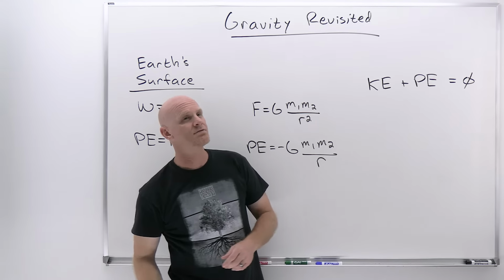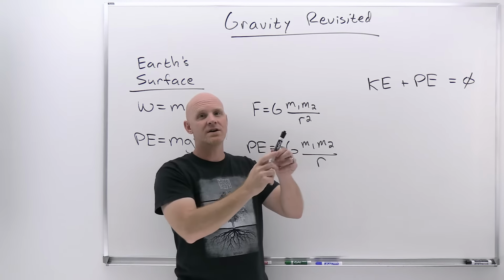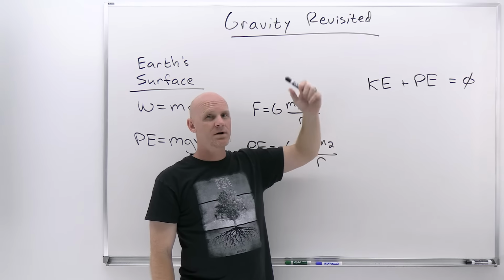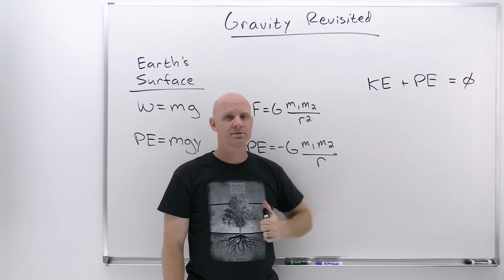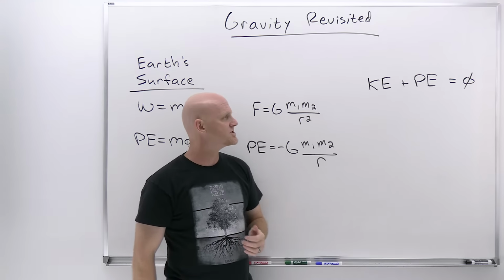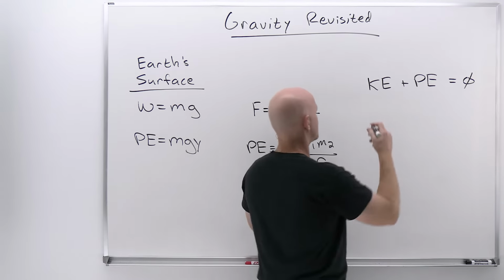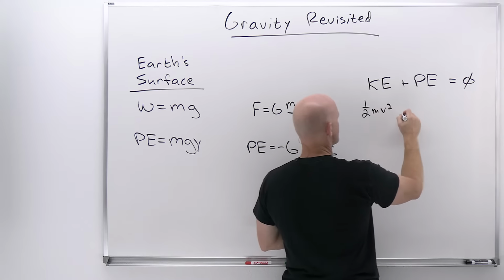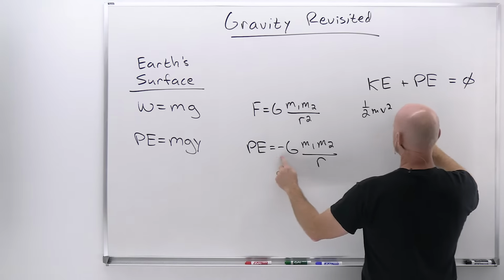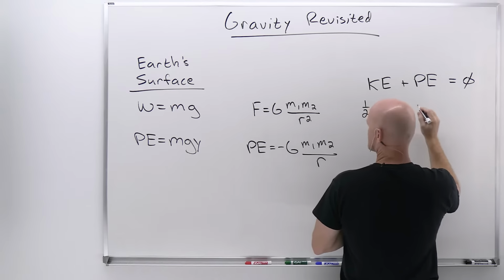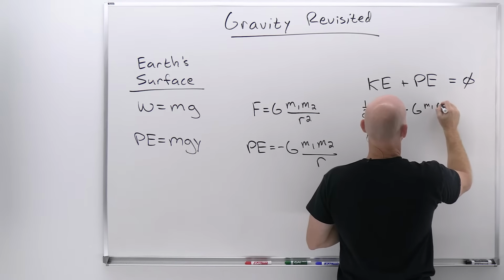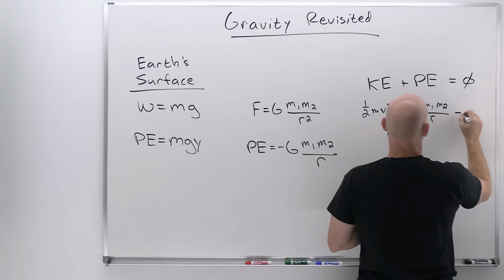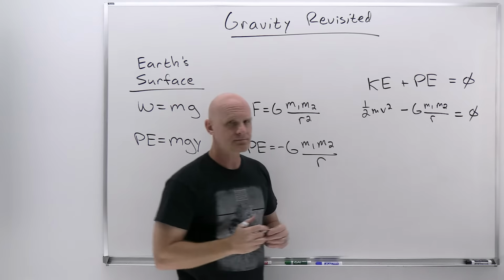As this thing is shooting off the planet, its potential energy is going to be going up. And it's going to reach a maximum when it gets infinitely far away from that planet. That's going to seem a little bit strange. So if we take a look at what potential energy and kinetic energy are, 1/2 mv squared for kinetic energy, and then our new definition for potential, instead of putting plus and negative, I'm just going to subtract G m1 m2 over r, my bad, not r squared, just over r, equals 0.